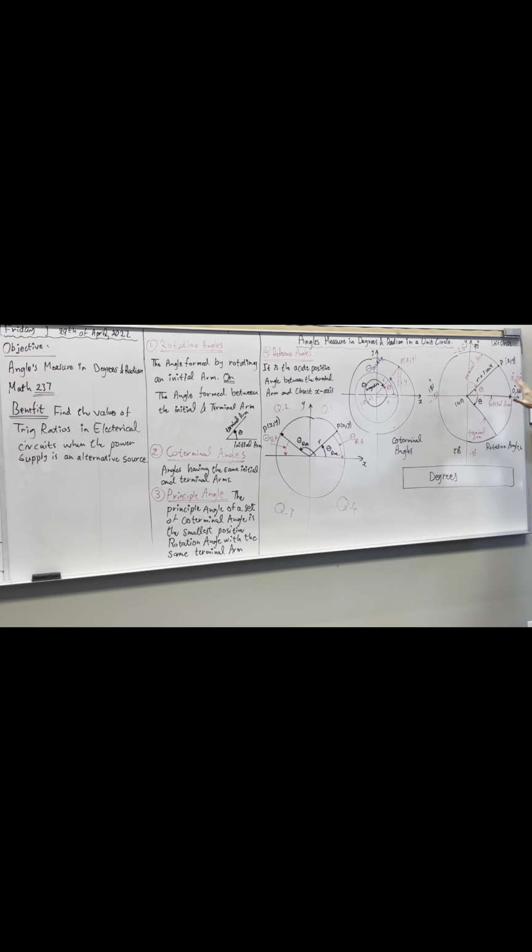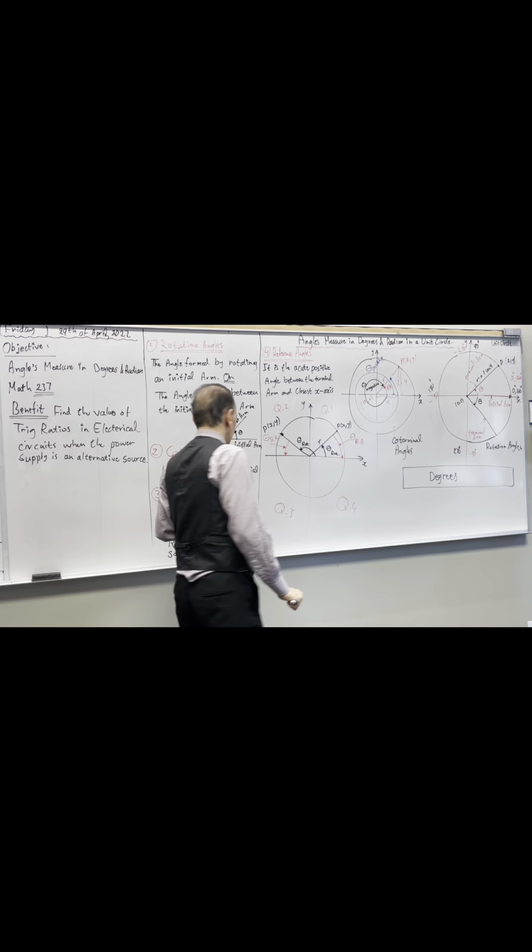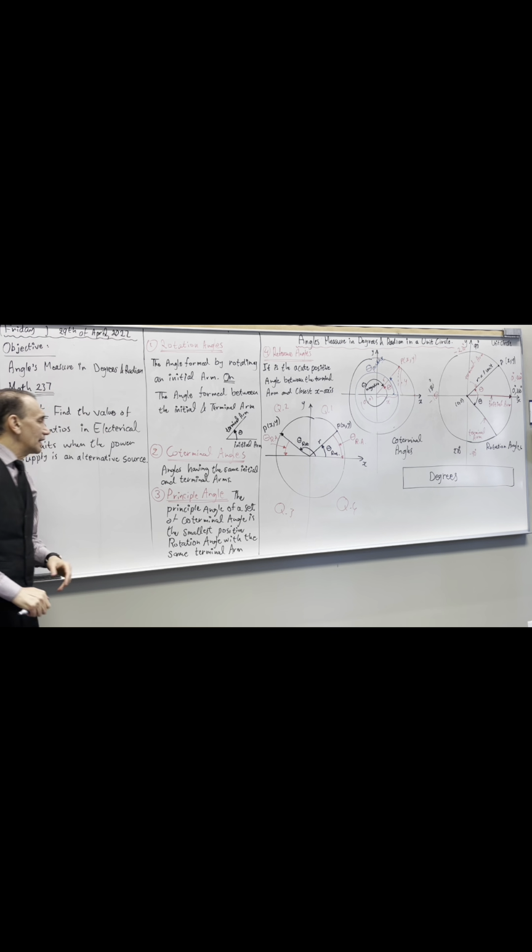Now, the other thing here: what is the principal angle? The principal angle of a set of coterminal angles is the smallest positive angle from the initial arm to the terminal arm.